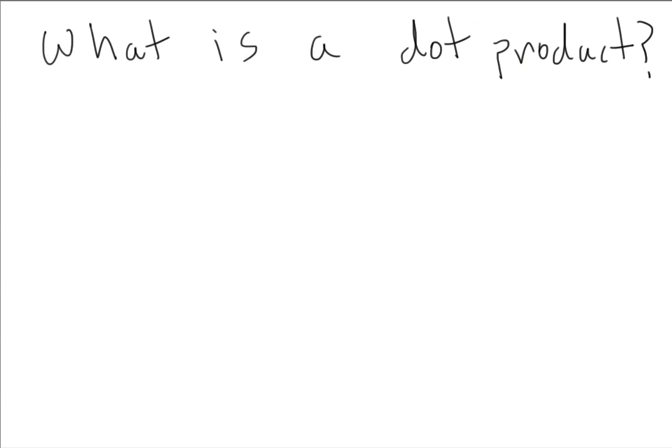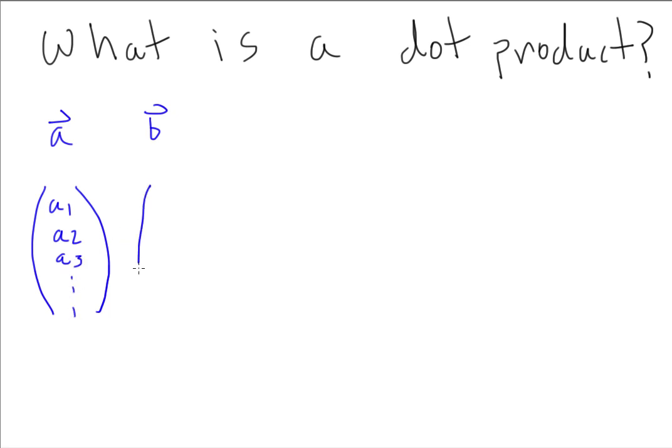Now the question is, how does this intuition relate to a dot product? So for vectors, what do we do? Again, we have these two vectors. I'll write them a1, a2, a3, dot, dot, dot. b has entries b1, b2, b3, dot, dot, dot.